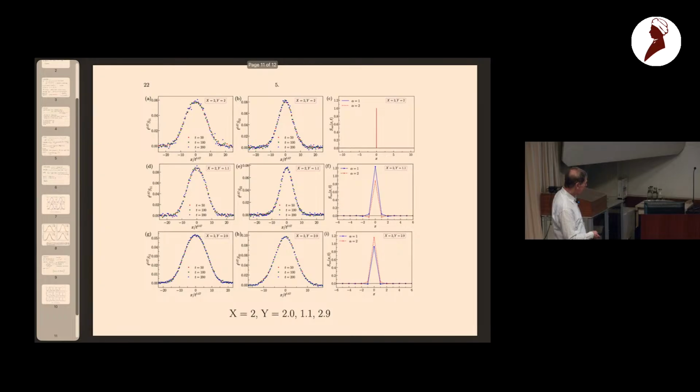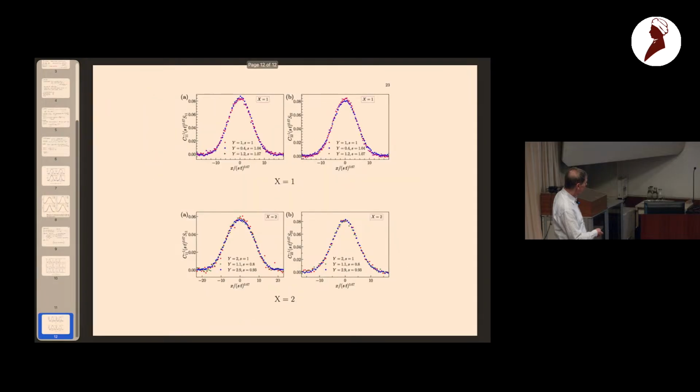And this is the same picture at a different value of x. Again, our claim would be that if I superimpose these for different values, this one and this one should coincide. This we have plotted in the next picture, to see whether it's a good scaling plot.